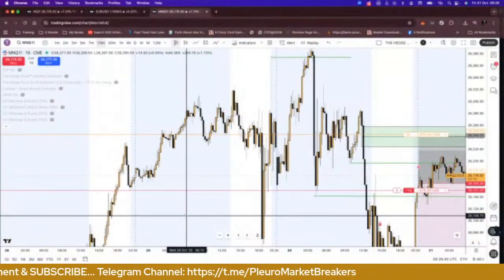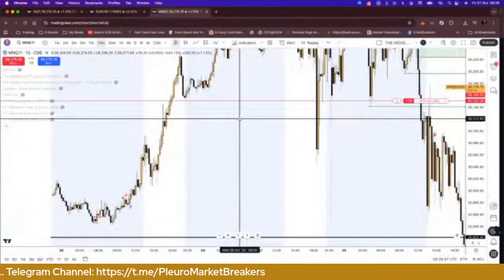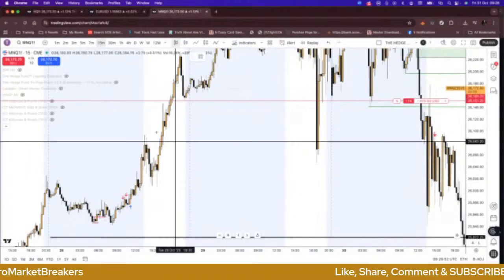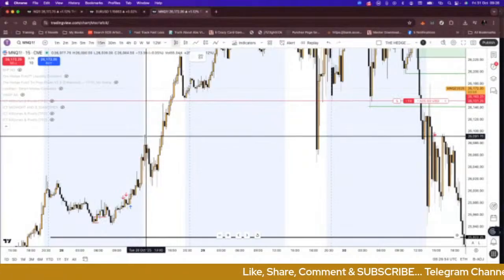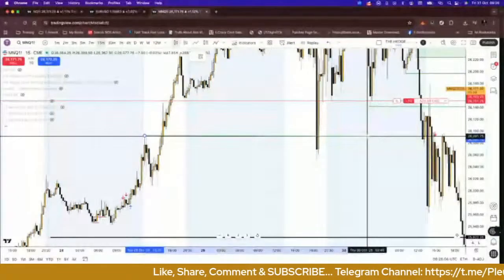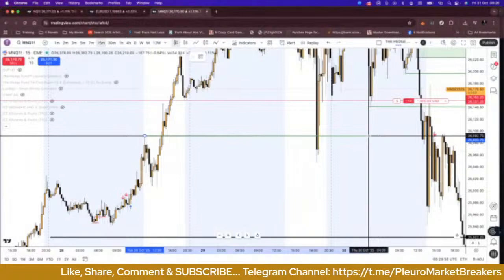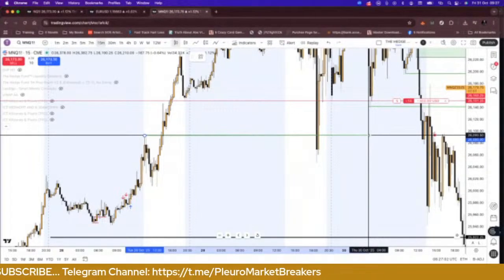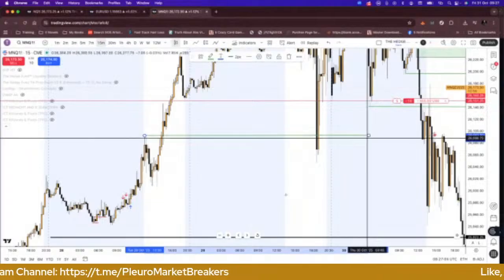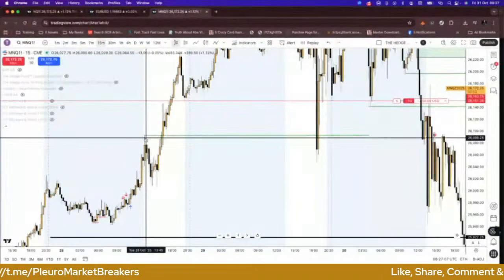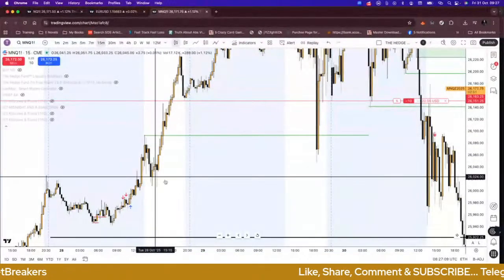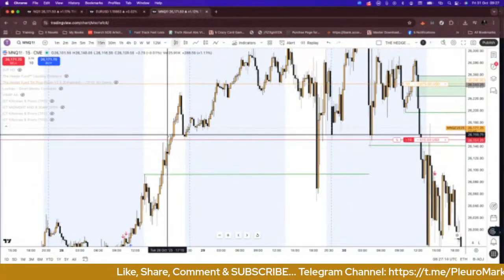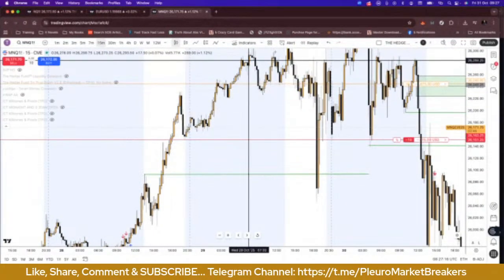So let's see. If you came up here, so this here was a change of character to the upside on Nasdaq futures. See that there. Okay, so price comes through this and shifts structure to the upside.